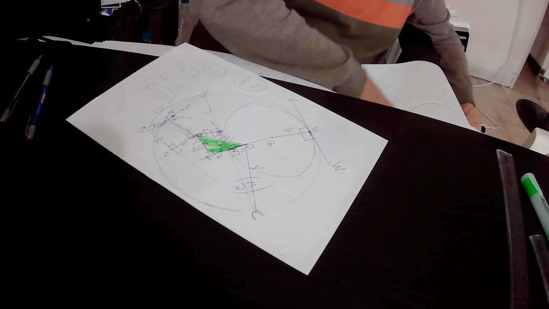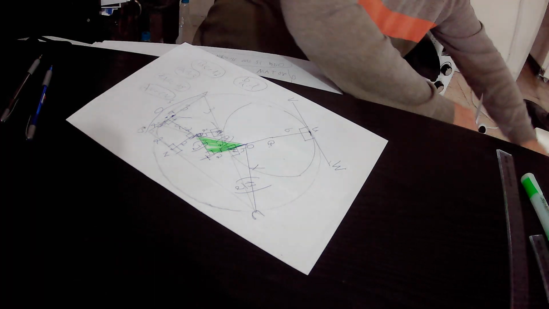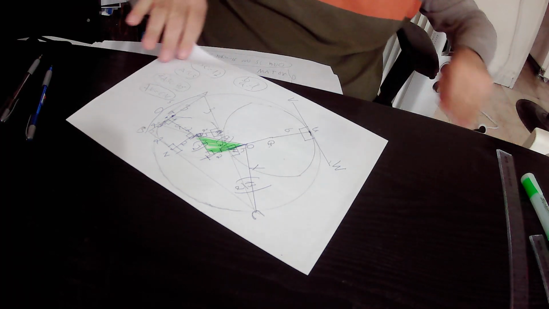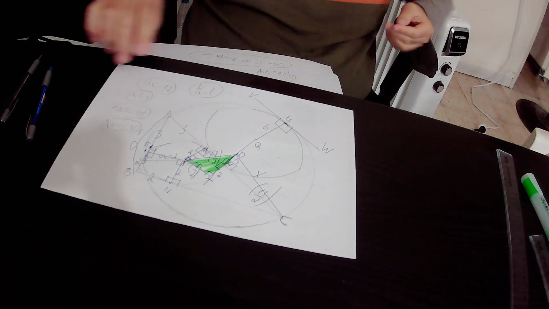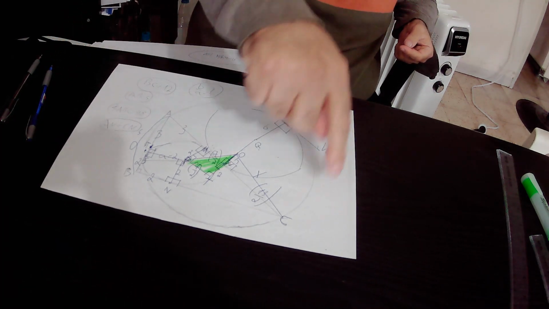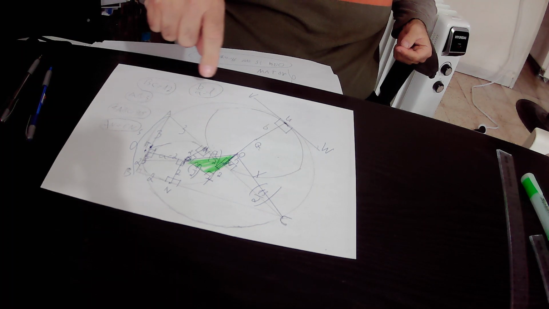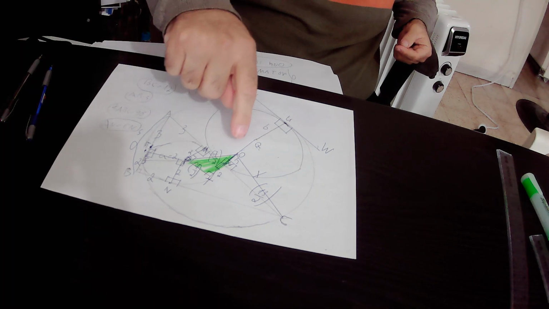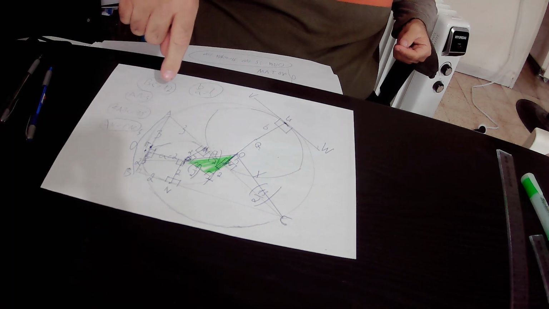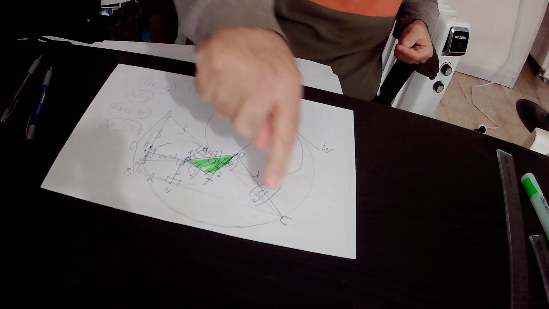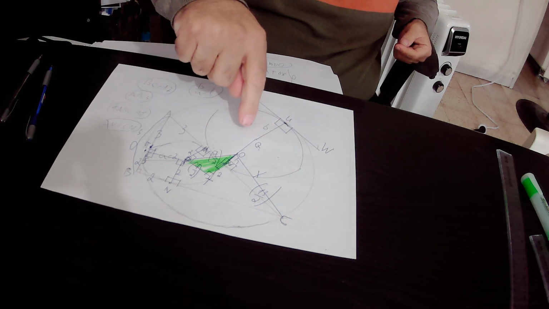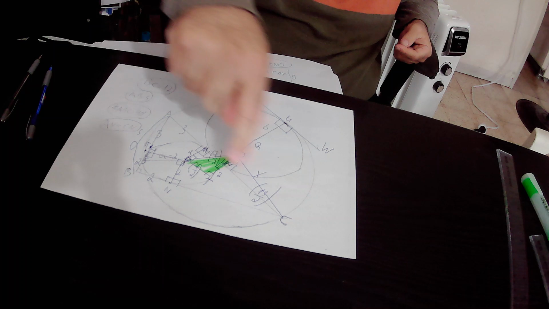Why? Because in our drawing, from point O, that is the center of the biggest circle, we draw line segment ON that bisects chord AC.